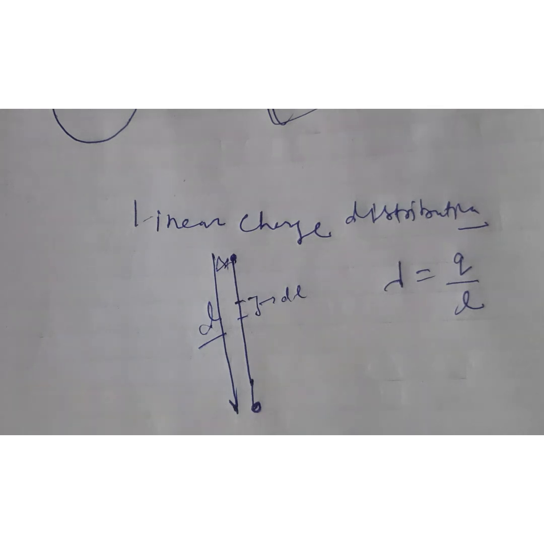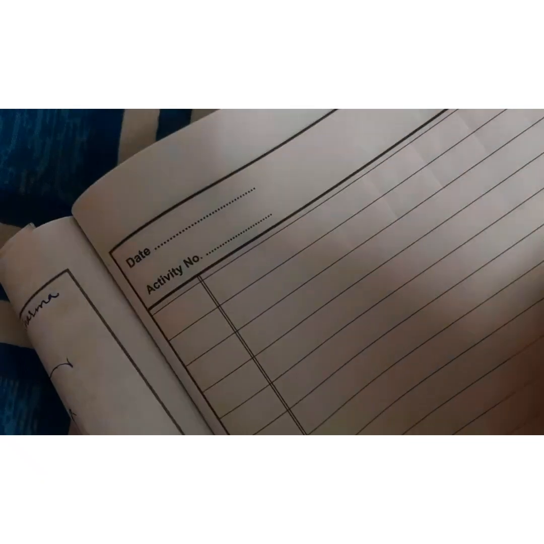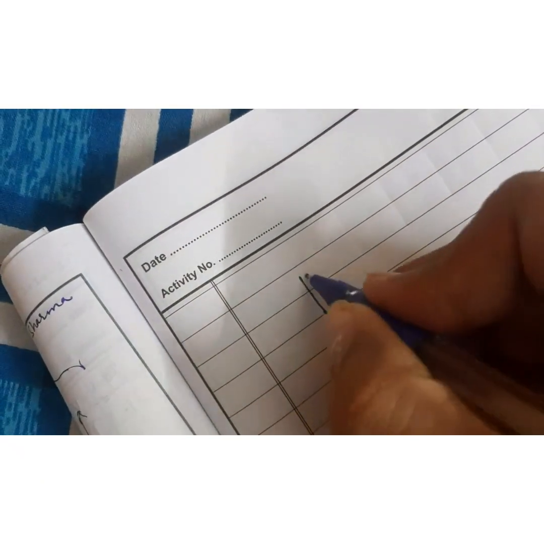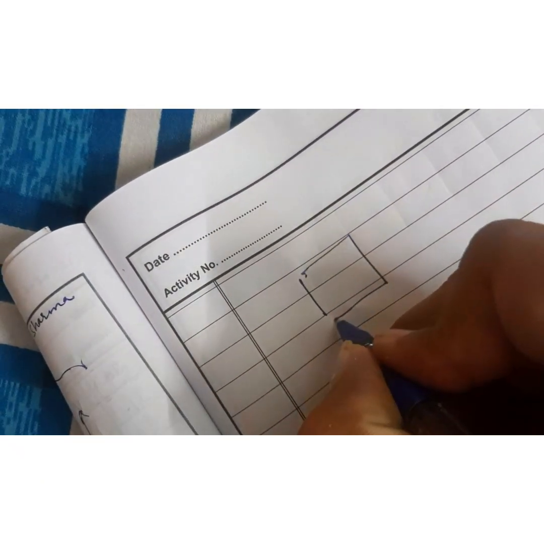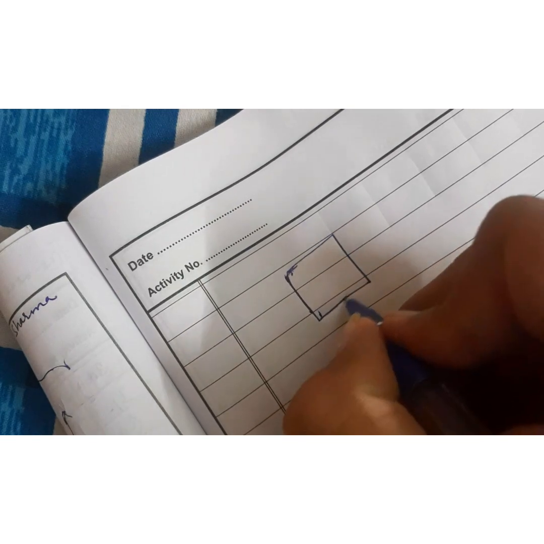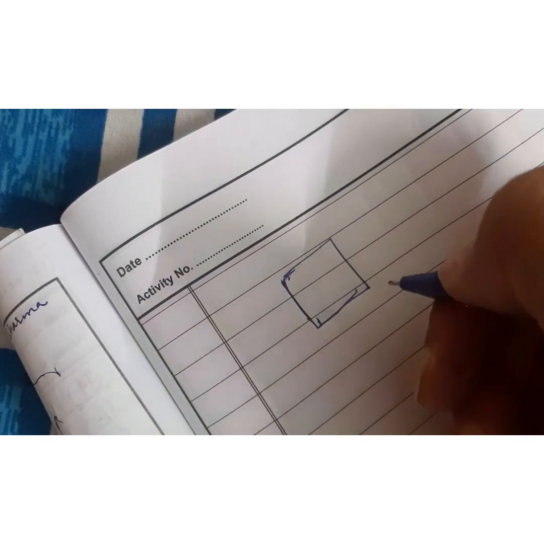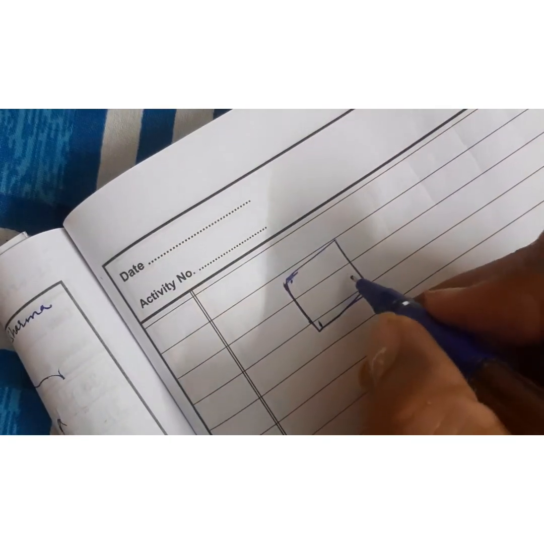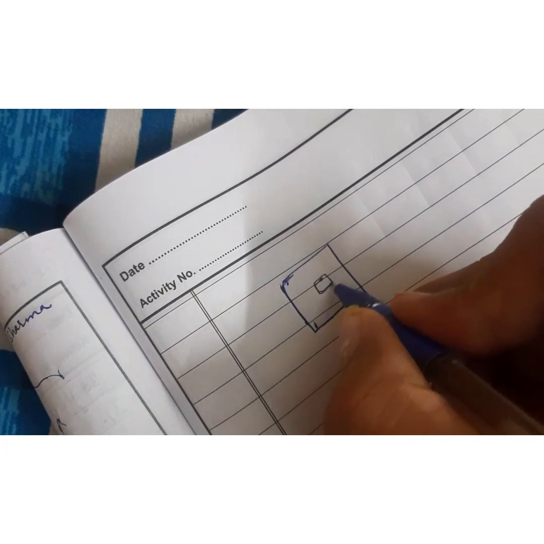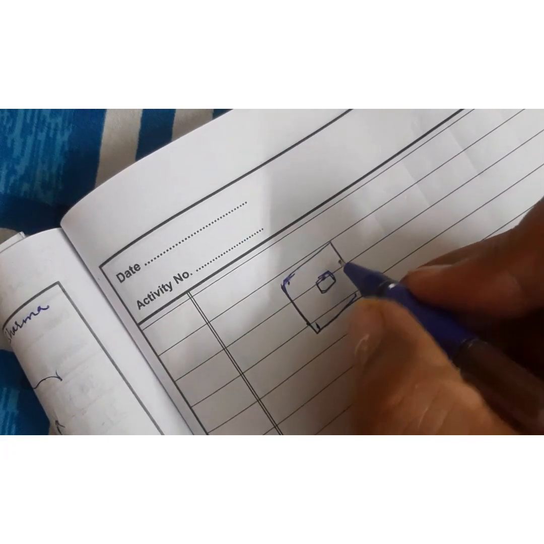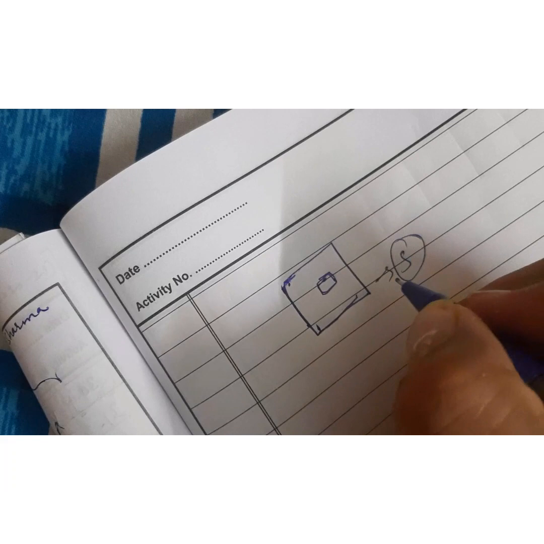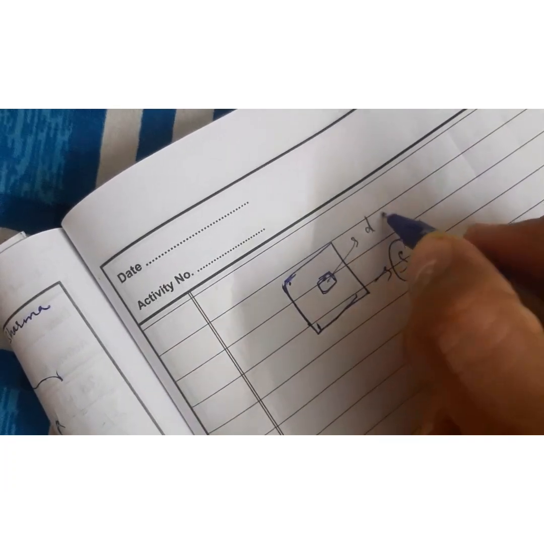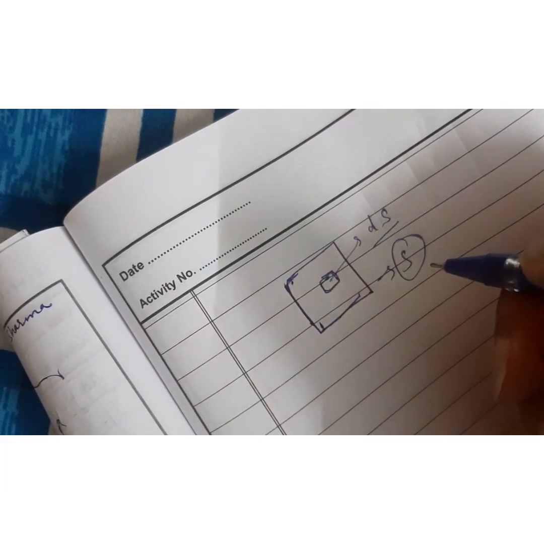Similarly, for area we can use a rectangle or square shape surface, any one which we use, and we take a small separated area like this. Total surface area we can say S, and a small area we can say is ds.